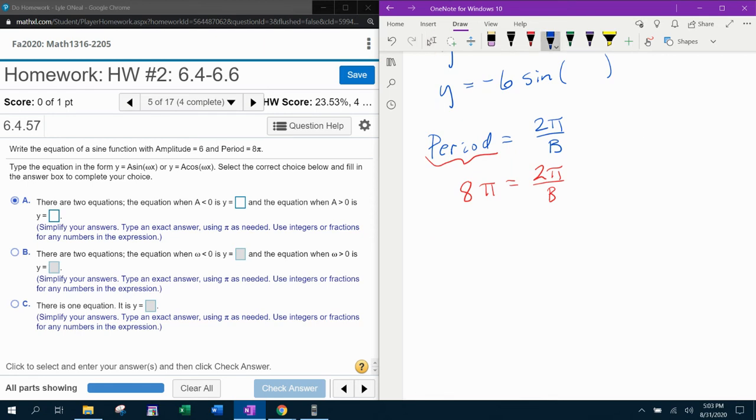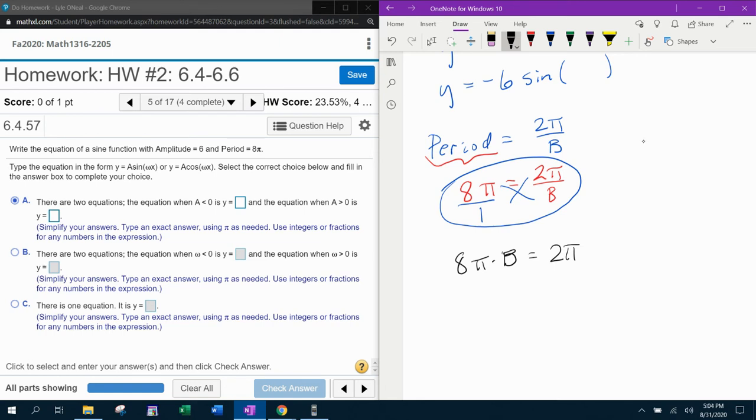And so here the first step is to make this a fraction, where, I don't know if you noticed, but this is a proportion, and you can solve a proportion by cross multiplying. So 8 pi times b gives us 8 pi b, and 1 times 2 pi is just going to give us 2 pi.